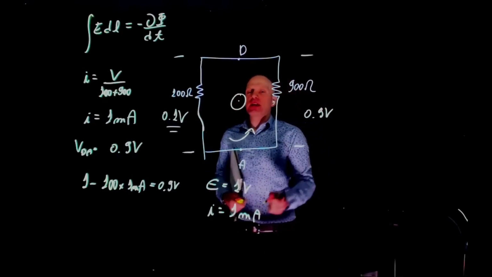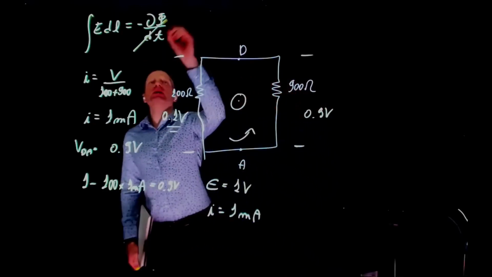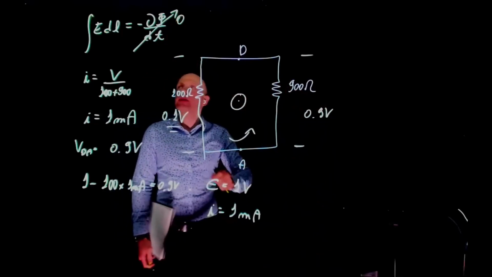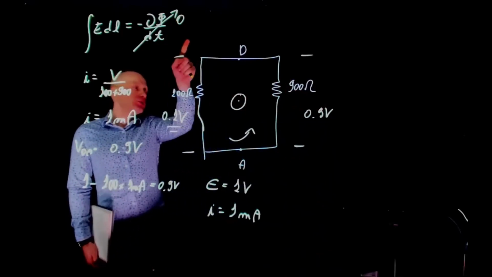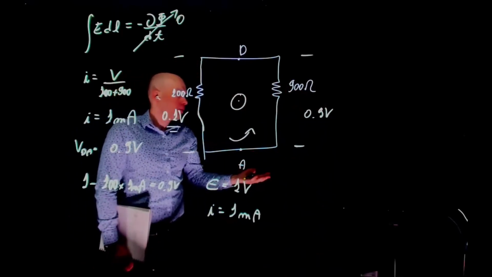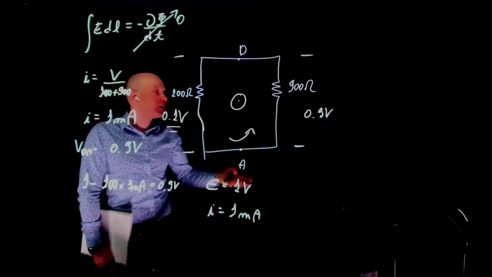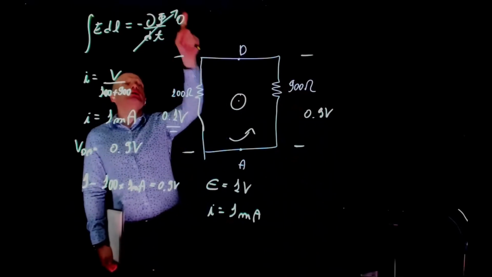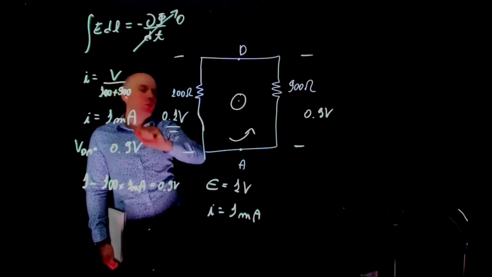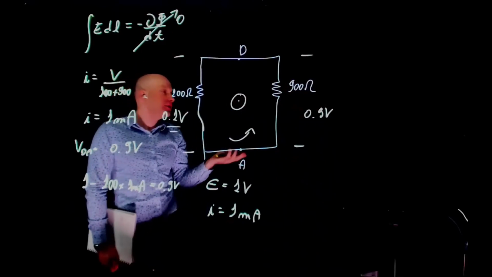If we didn't have a magnetic field, then this part of the equation here is 0. And then you go to the integral of E dl equals 0, which is Kirchhoff's law. But notice that Kirchhoff's law is a special case of Faraday's law. Here we have Faraday's law, right? The sum of all voltages equals dΦ/dt.